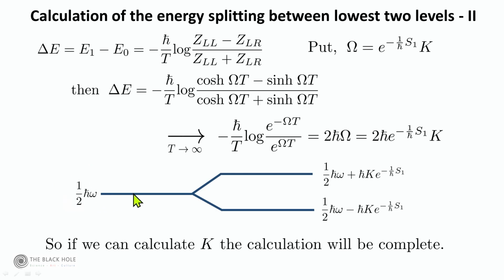When there is tunneling, the symmetric state comes down by this amount. The antisymmetric state goes up by this amount. The splitting between them is this. So you see, we have made an enormous amount of progress.